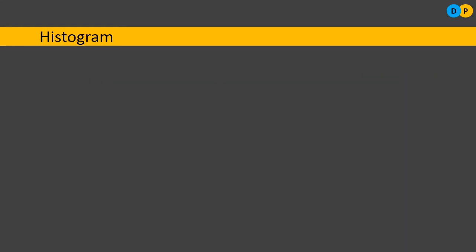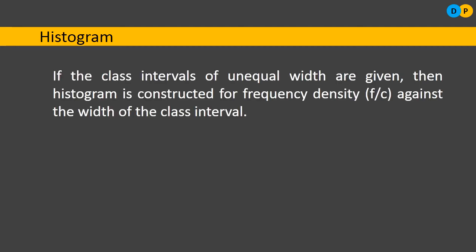Next, in case there is a change in the class width, how are we going to construct a particular histogram? As we have said, the width of each rectangular bar is directly proportional to the class width. So if class intervals of unequal width are given, then the histogram is constructed by frequency density.